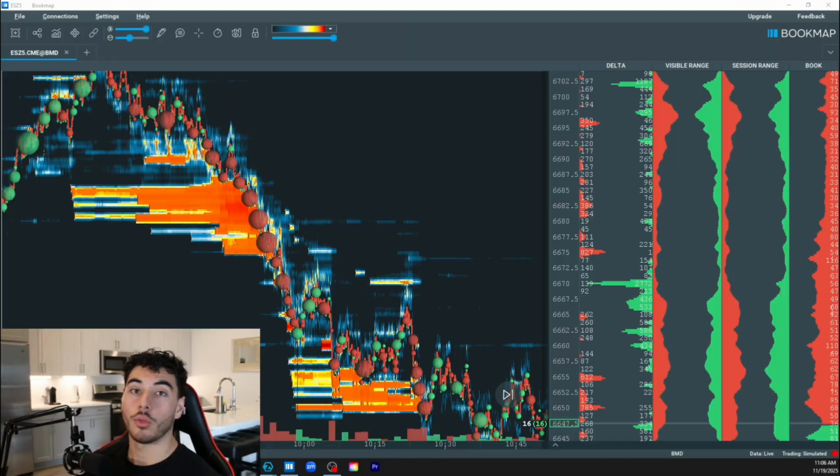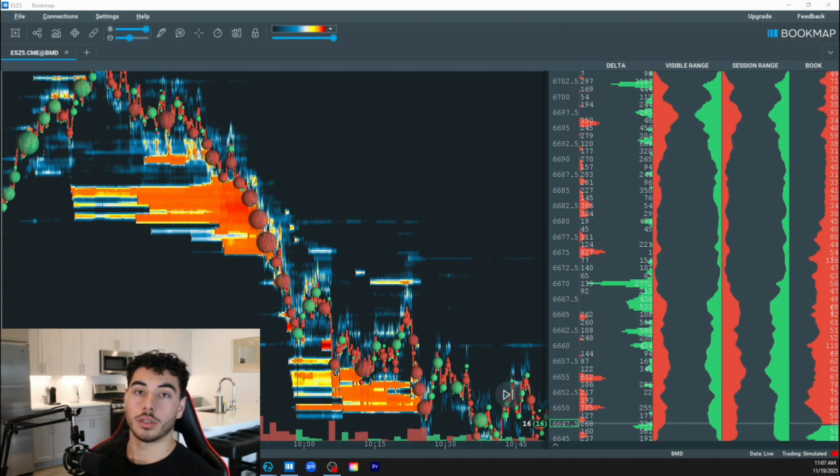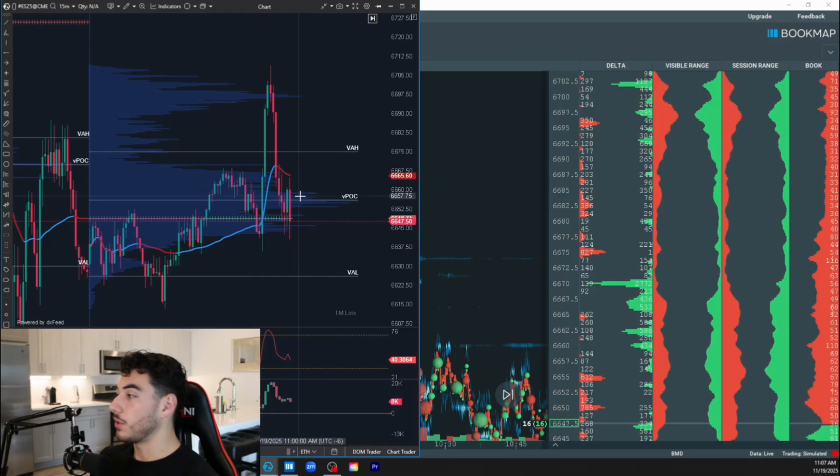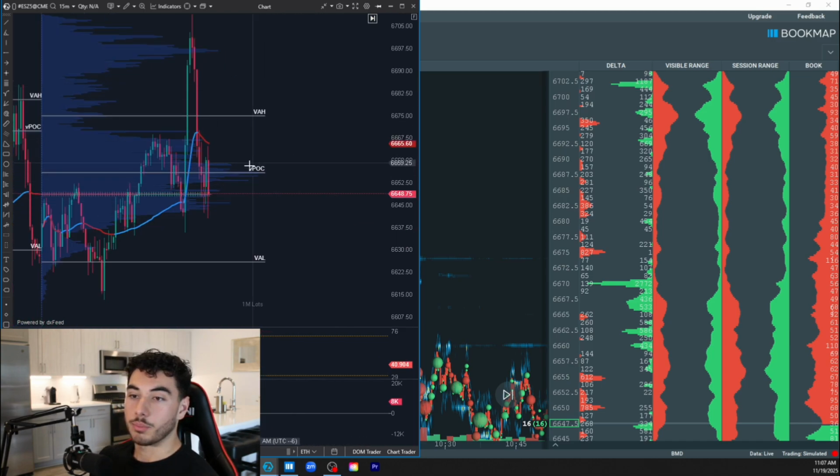So the framework. Let's talk about how the market actually moves. If you think about auction logic, like auction market theory, price moves from value to imbalance, then to value. So when we find a place, we're always seeking value. Let me swap over to this chart right here. I'm going to talk about value real quick. This is the volume profile, and I use this on a daily basis. You can see here the POC is the point of control, the volume point of control.